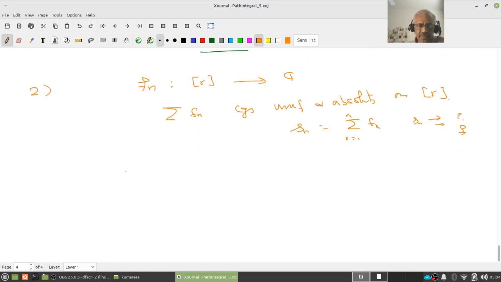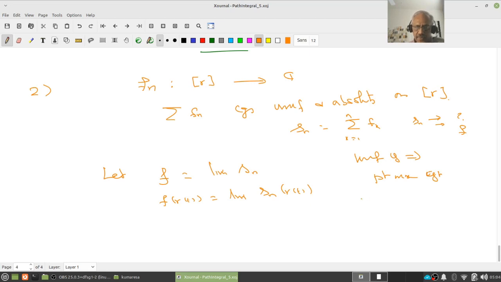Then what is it that I want to say? Let f equal the limit of Sn, therefore f of gamma t for every t equals the limit of Sn of gamma t, because uniform convergence implies pointwise convergence.